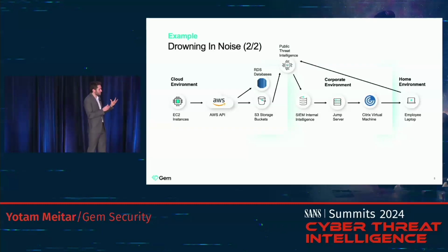Now, there are different reasons for why different things were missed here, but generally speaking, the problem was noise. Noise was a big issue here because there were communications going out to a lot of IP addresses from machines within the corporate environment. Why wasn't this IP address detected even though it came from a server which had the right kind of certificate, which should have been identified as belonging to this attack group? Because there were hundreds of very low severity alerts about communication to different IP addresses from this environment. The same thing happened with communication from the cloud environment.